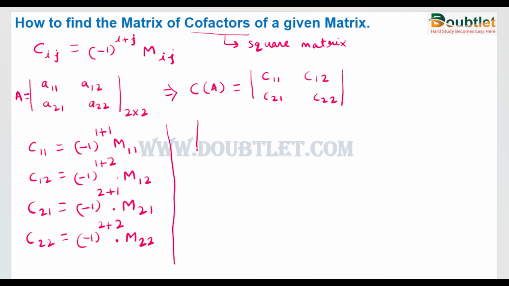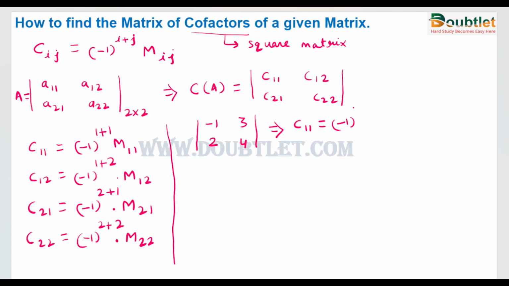So let's suppose there is a matrix minus 1, 3, 2 and 4. This is a 2 cross 2 matrix. To find the cofactor matrix, we need to find the cofactor of each element. C11 means we have to find the cofactor of this element, so we have to remove this row and this column.